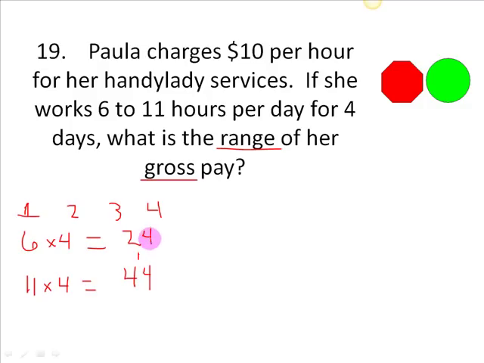The range of the hours that she worked was 24 to 44, but she makes $10 an hour. So we'll multiply those times 10, and so we have $240, or we have $440. So Paula either makes $240, or she makes $440, or somewhere in between. The range is $240 to $440.